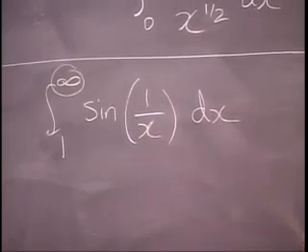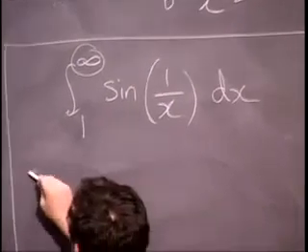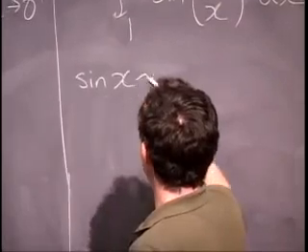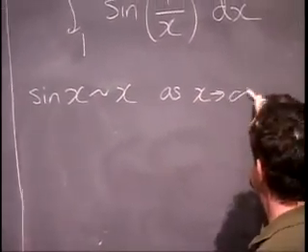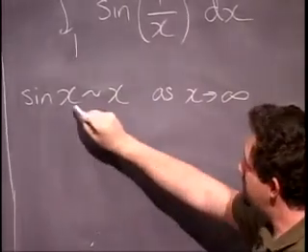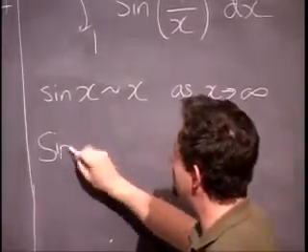So actually, the real critical thing is what happens to sine of a small number. Watch this. Sine x behaves like x as x goes to infinity. But you can replace x by something else as long as you replace it everywhere.